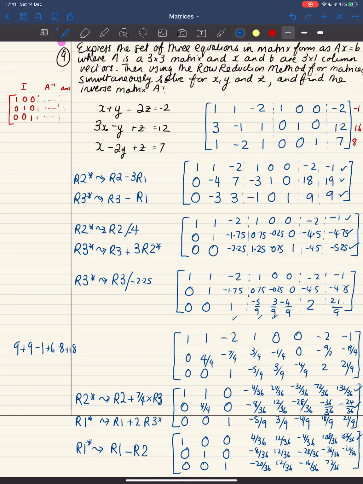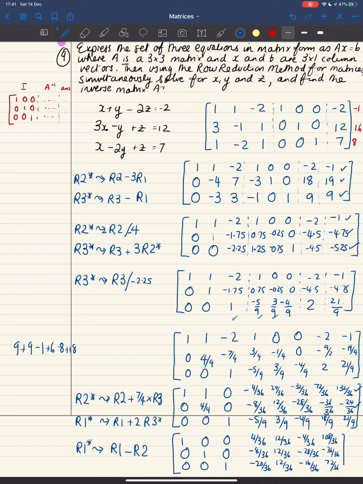The last one, 84 over 36. So 36, 48, 28, 12. Yeah. Right, this last row here, this was just my running totals, so I don't need that as part of the final solution.